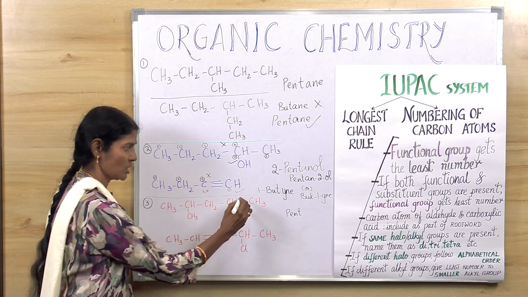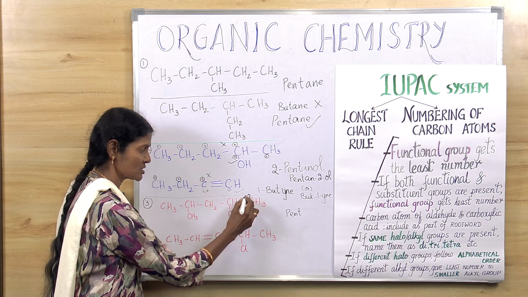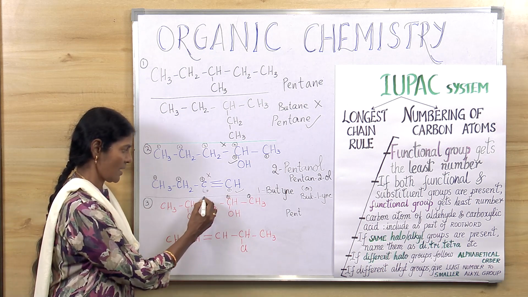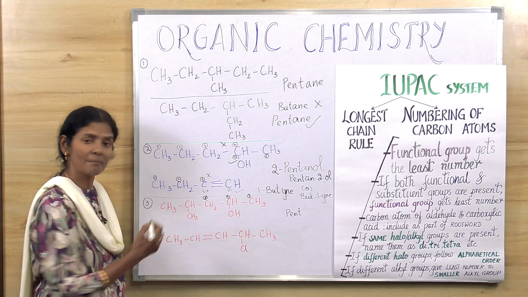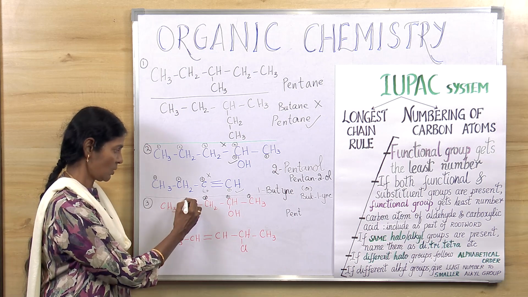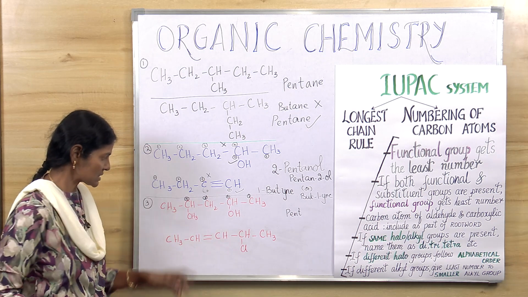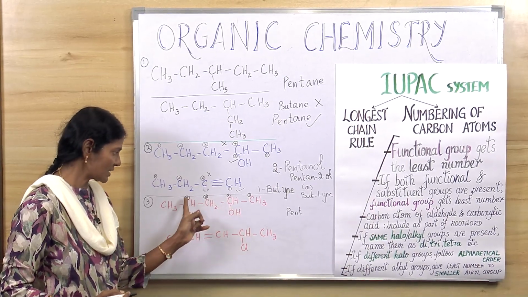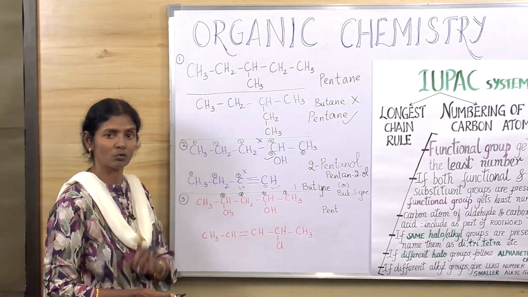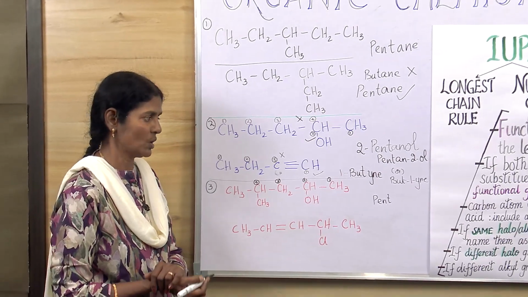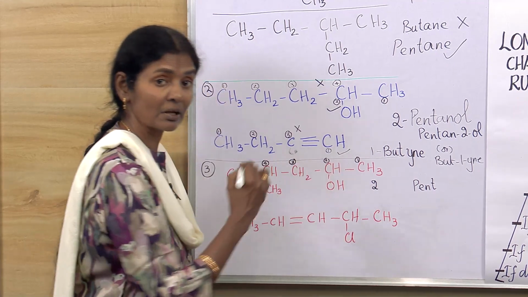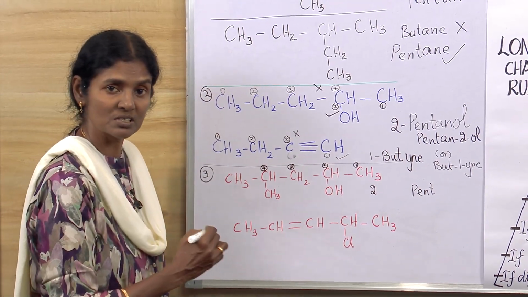So we have to count from right to left. So when you start counting, the alcohol group comes in the second position. Automatically, there is a methyl group, that is a substituent group, that gets the 4th position. 4th carbon atom it is attached to. Therefore, you would write it as, this is a prefix. The methyl group is a prefix.